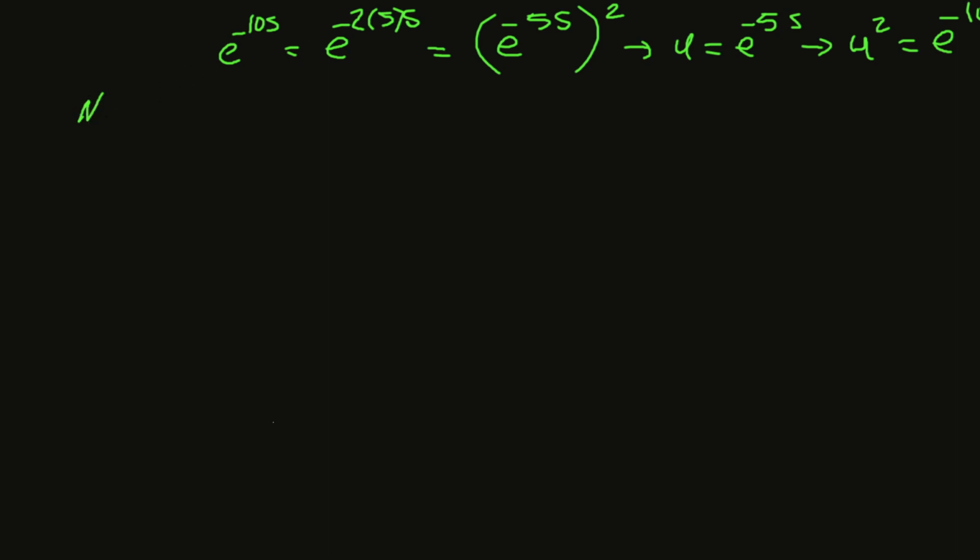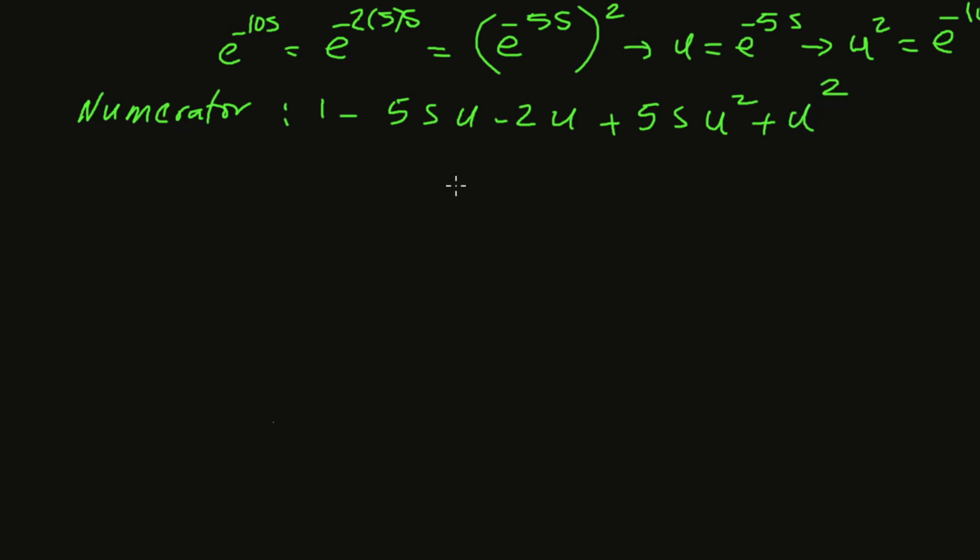So looking at the numerator, it now becomes 1 minus 5s times the exponential of negative 5s, which means a u, minus 2 times exponential of negative 5s, which is a u, plus 5s times exponential of negative 10s, which is a u squared, plus the exponential of negative 10s, which is a u squared.